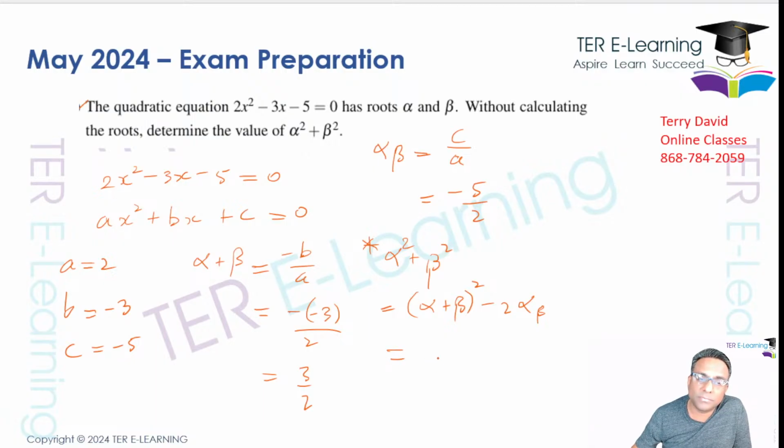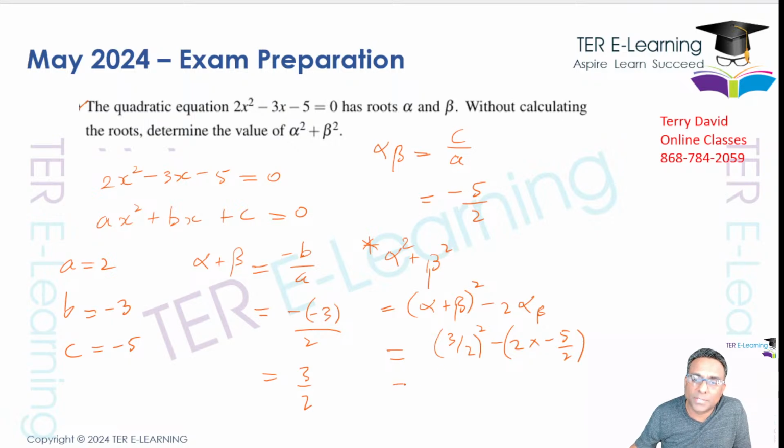The sum was 3 over 2, so this is 3 over 2 squared, minus 2 alpha beta. That's 2 multiplied by minus 5 over 2.